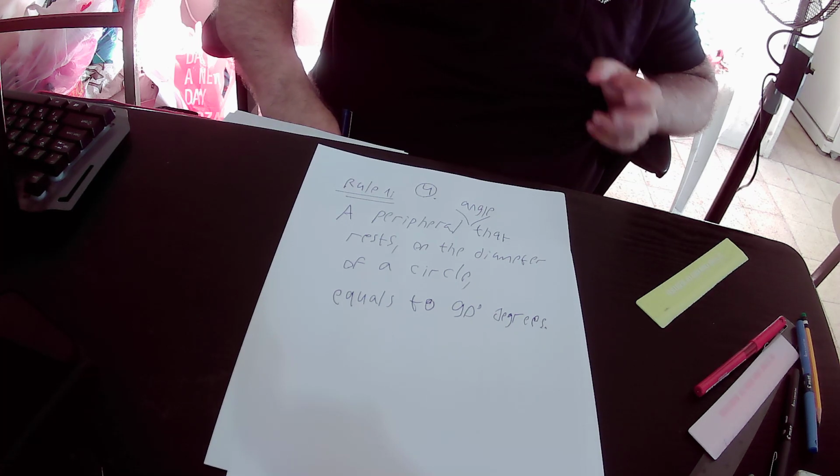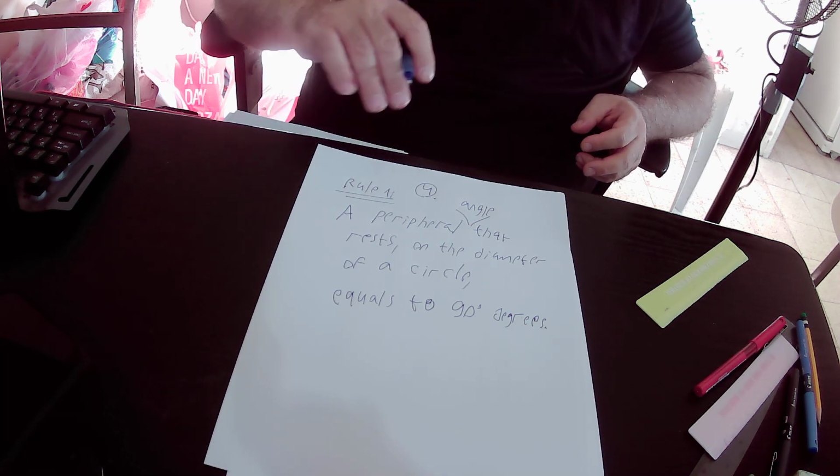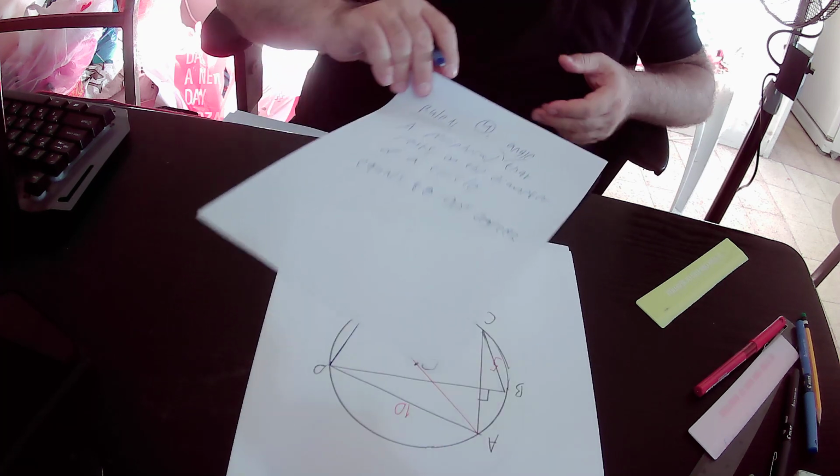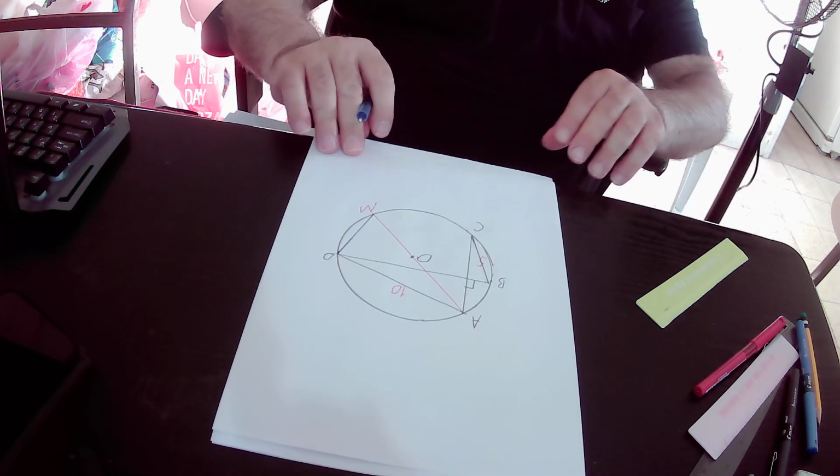Okay, so any peripheral angle that rests on the diameter of a circle equals 90 degrees. I will give you an example in order to clarify rule number 1.